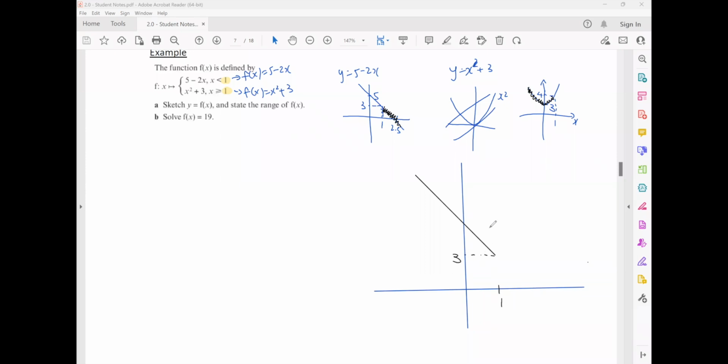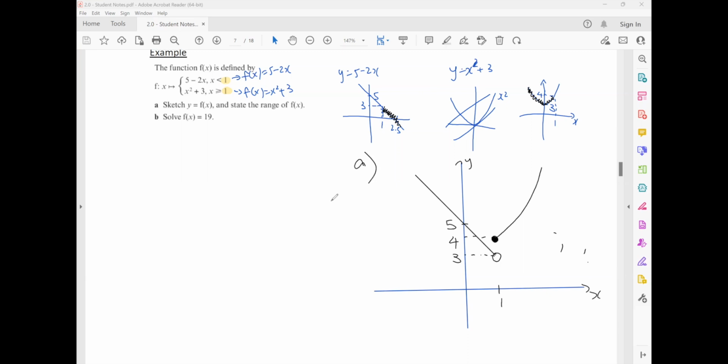For this graph, because it's less than, we put an open circle in there. And then the y-intercept is 5. For the second part of the graph, when x is greater or equal to 1, we draw the quadratic, the parabola, where it starts from 4. So that's the complete graph. That's y, that's x. That's the answer for part A.